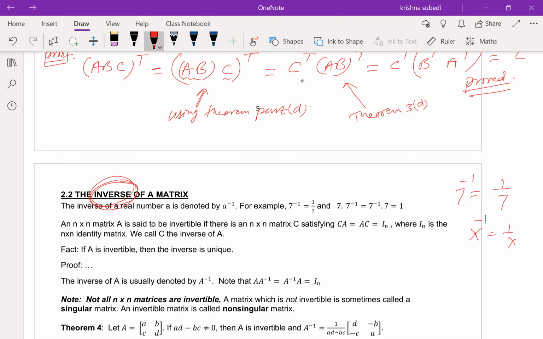But in the case of a matrix, it is not simply this, it is much more different than this one, and that's what we're going to do. It's not just the reciprocal. This is called the reciprocal, but in the case of an inverse matrix, this is not simply the reciprocal.